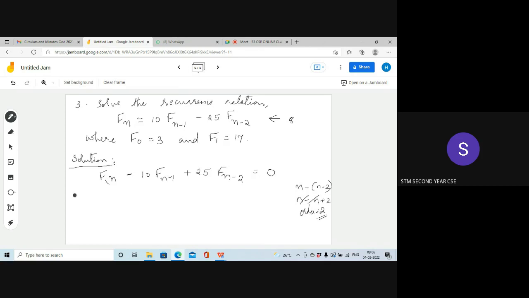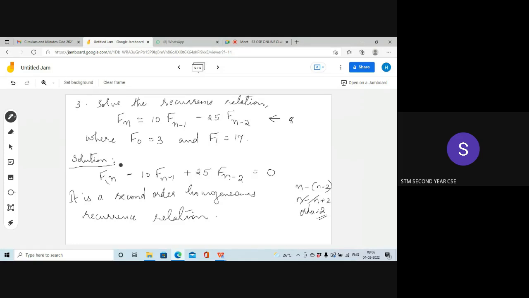So it is a homogeneous recurrence relation, a second order linear homogeneous recurrence relation.